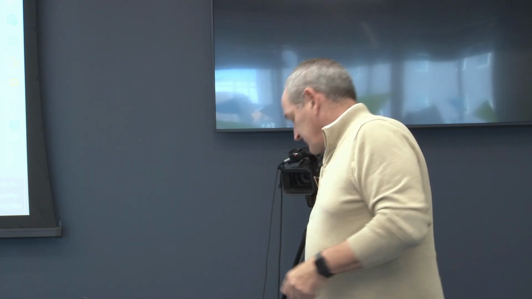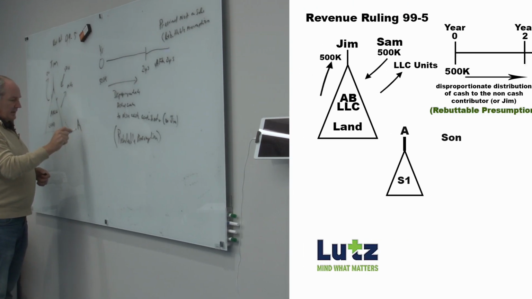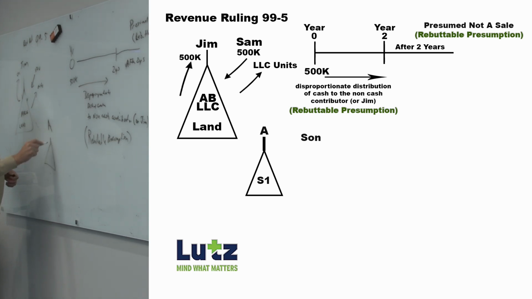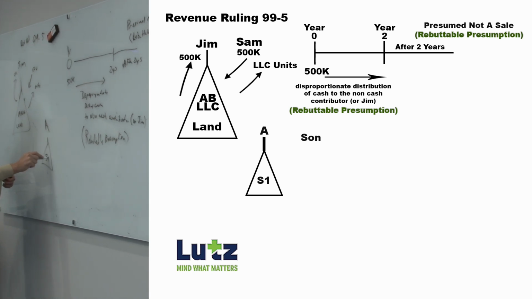So, this is weird. This is really weird. I don't want to erase that yet. Okay, I got A, and I got S1, and I have Sun. Sun buys assets.